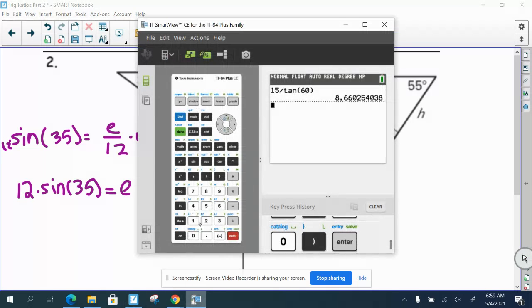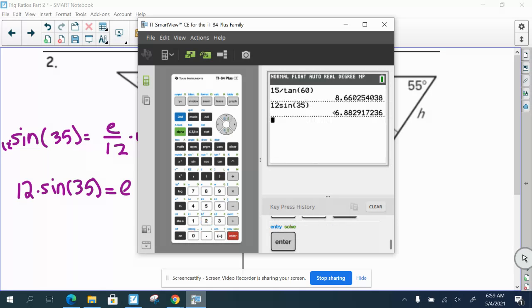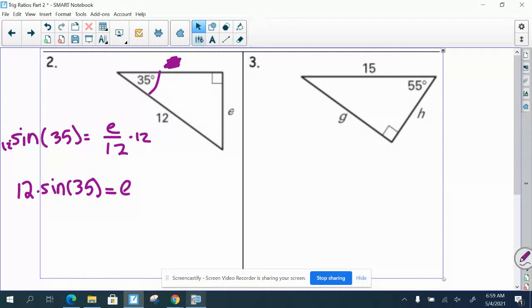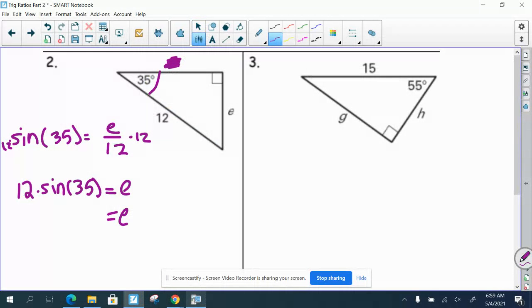And that gives us 6.88. So e equals 6.88. So for this example, if the variable is in the numerator, then you multiply the hypotenuse with sine.